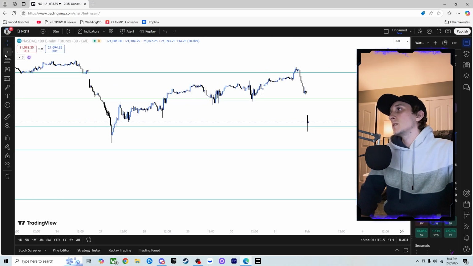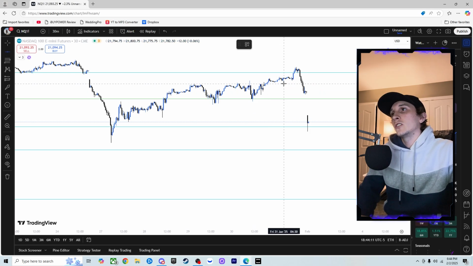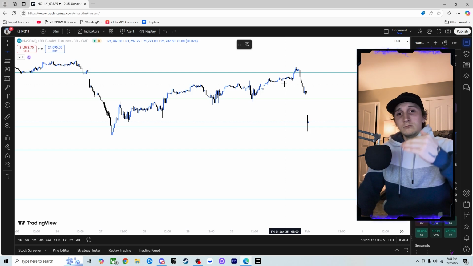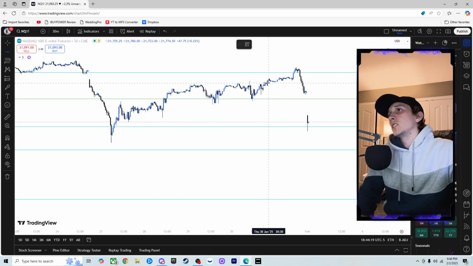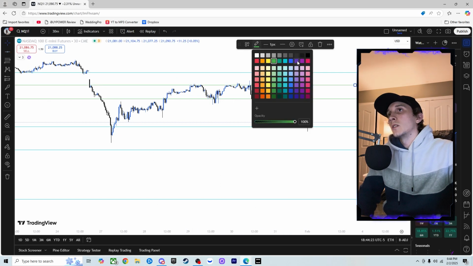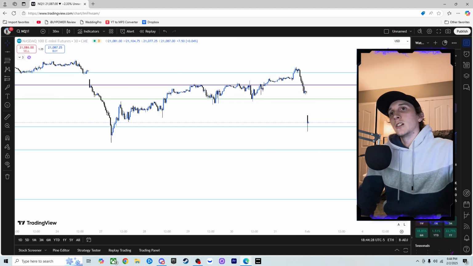The 30-minute time frame here is going to give us access to even more data as far as where we're tapping into that is showing itself as a lower time frame, more of an intraday level to watch out for. We can see here consistently at this exact spot. I'm going to make this one purple. I don't think it really matters because you can't really see it on my screen anyways.